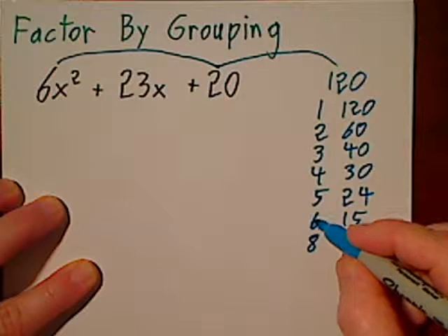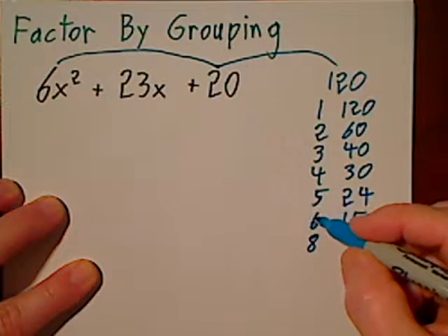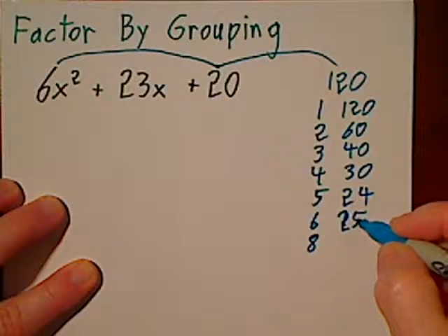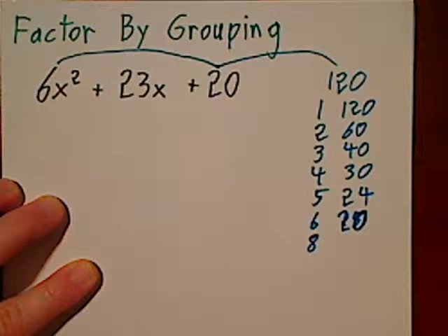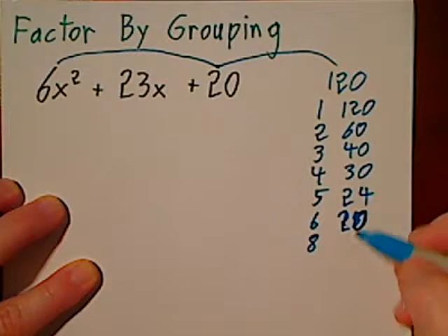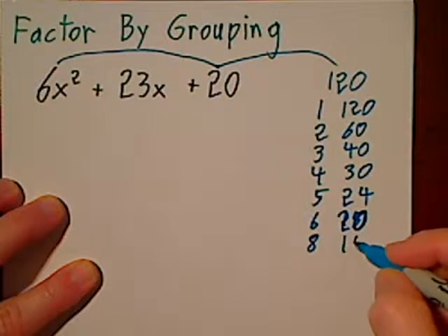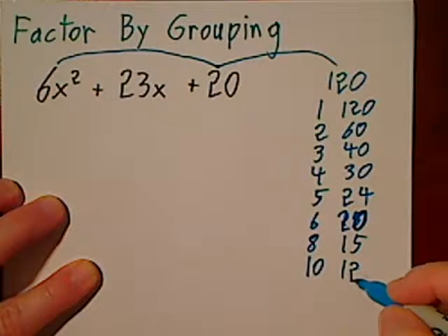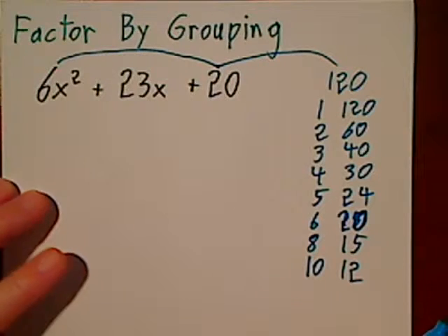Oops, 6, I double 3, so I cut 40 in half, so that should be 20. Then 4, I double 4, and I cut 30 in half, that's 15. Alright, so I have all the factors of 120.